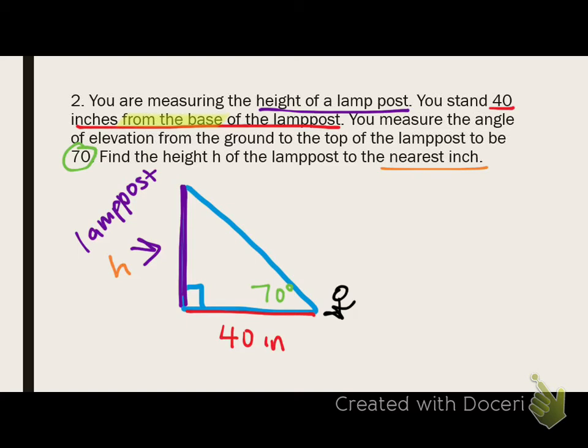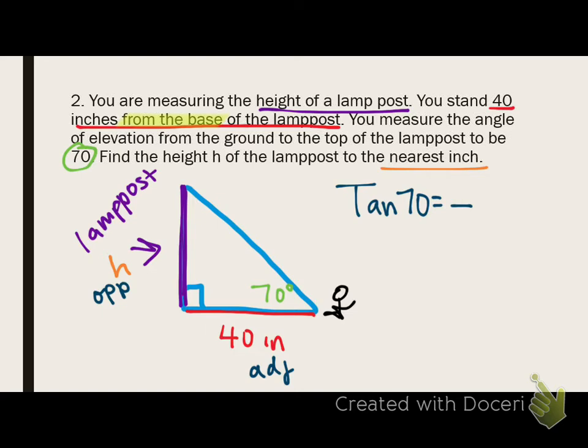So we're finding the height of the lamppost. Can I use the Pythagorean Theorem? No, because I have an angle. I have to use a trig ratio. So from 70 degrees, from my angle of elevation, what kind of side is the height? Opposite. And what kind of side is 40 inches? So which trig ratio will we use? Tangent. Tangent of 70 equals the opposite, which you can call whatever letter you want. It says height h. You can call it h if you want.